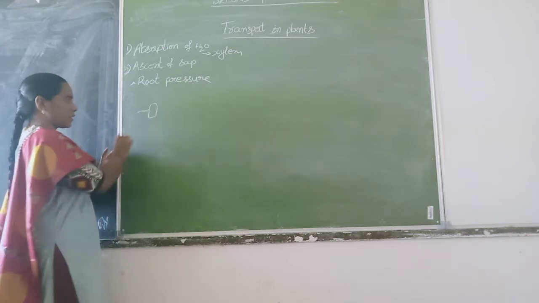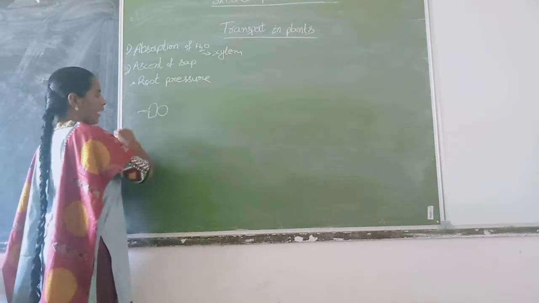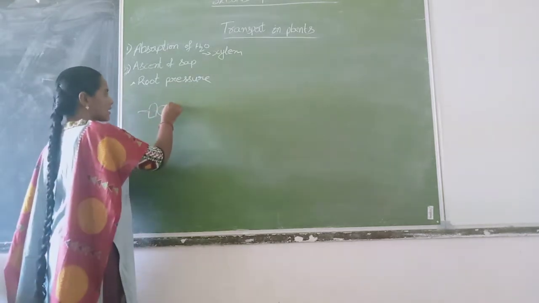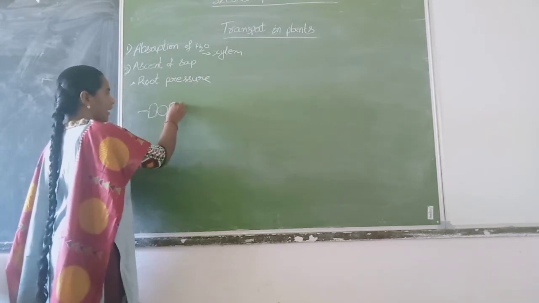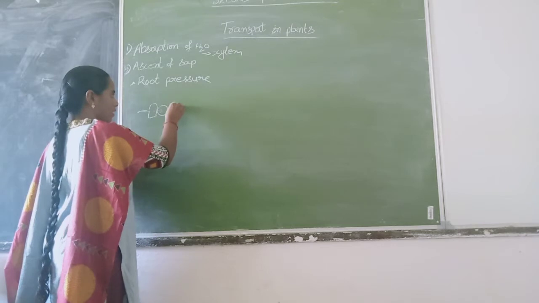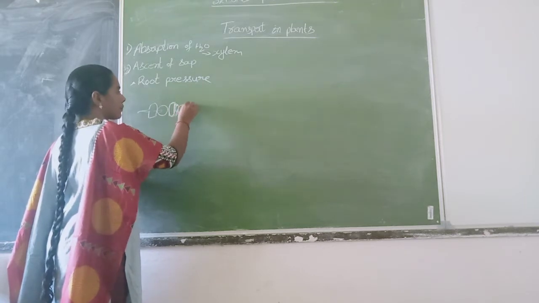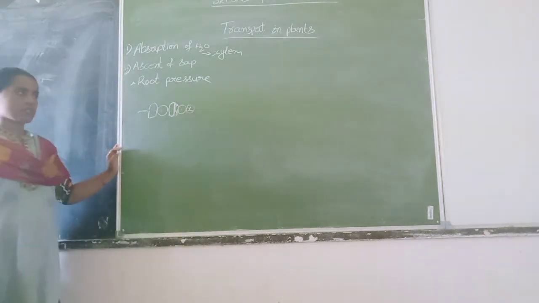epidermal cells having the root hairs absorb water and it is transported to the cortical cells and it reaches the endodermis and again from here the pericycle and then phloem and finally it reaches the xylem cells.